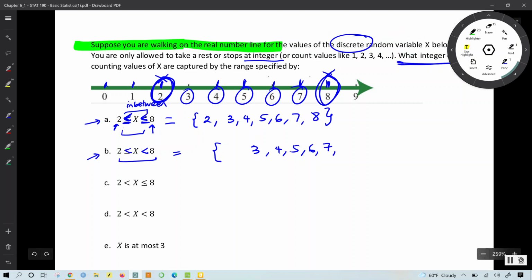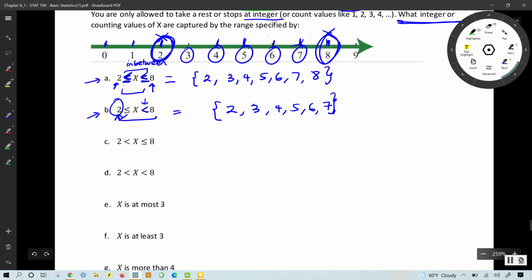So we continue. Do we include 2? I need to check if this is equal. Well, there is an equal to sign here. So that means I can include 2, but there is no equal to here. This is strictly less than 8, which means I don't need to include 8.